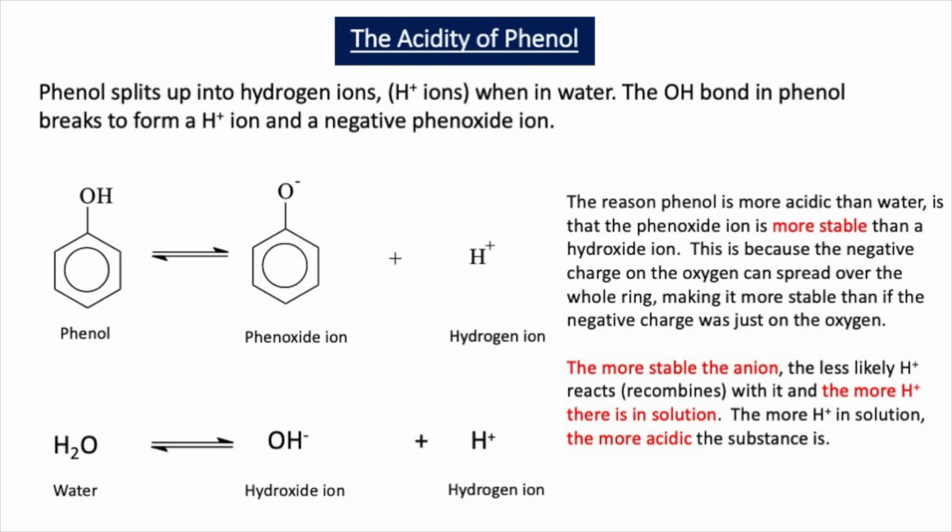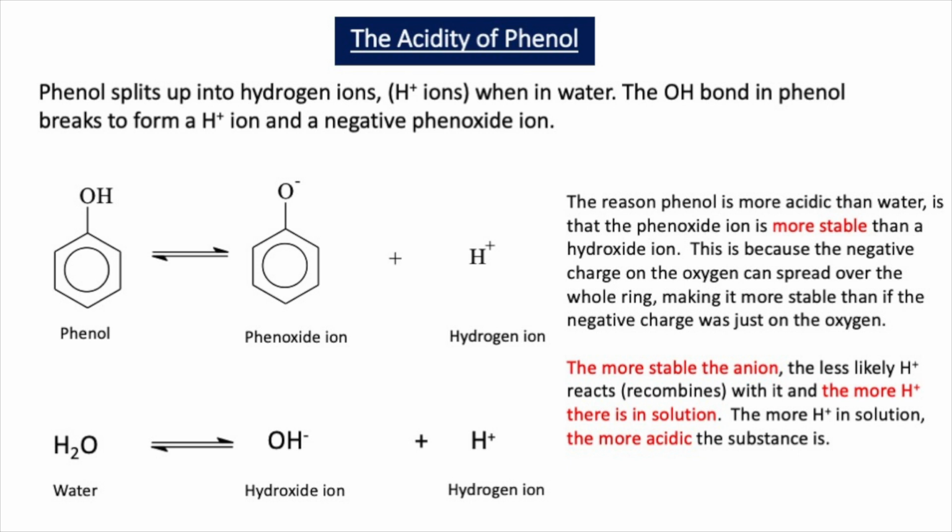Now in the exam you will be asked to compare the acidity of carboxylic acids with molecules such as phenol, ethanol and water. Now phenol is acidic because phenol splits up into H+ ions and phenoxide ions when you put it in water. And like ethanoic acid, it's a weak acid because it partially splits up into H+ ions.